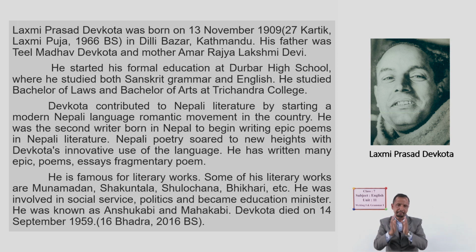But one more thing I have to say, dear students: while writing, you have to sequence the events in a particular order. For example, if you write that Lakshmi Prasad Devkota died in September 1959, and then you come back and write that Lakshmi Prasad Devkota was born, this is not the way.